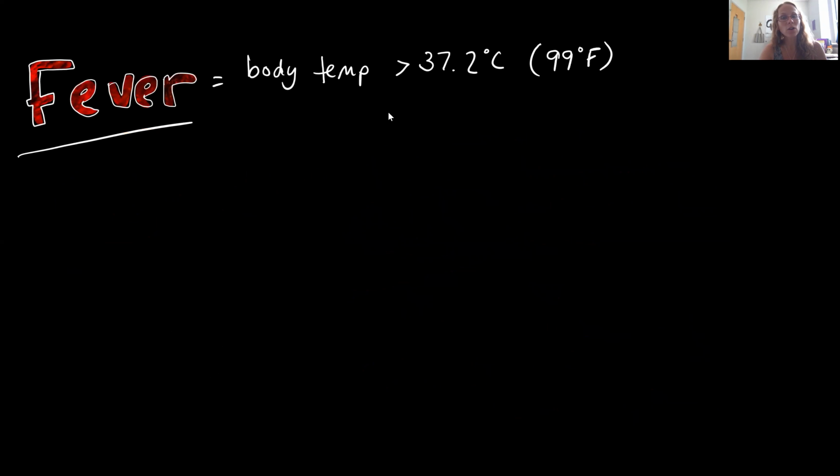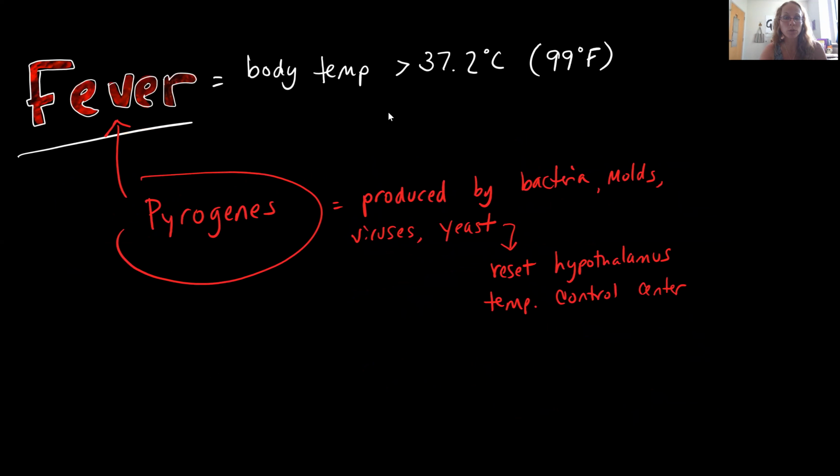The last of our non-specific innate defenses is fever. Fever is defined as a temperature that is greater than 37.2 degrees Celsius or 99 degrees Fahrenheit. Now, in order to have an elevated body temperature, you have to have the chemical pyrogen released, which will reset your hypothalamus, which is responsible for your temperature control.